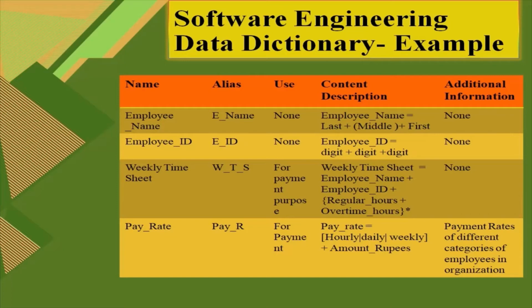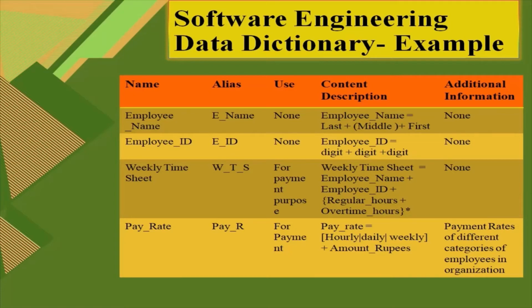And plus means and. In the second row of the table, employee_ID equal to digit plus digit plus digit. It means that employee ID is composed of 3 digits.